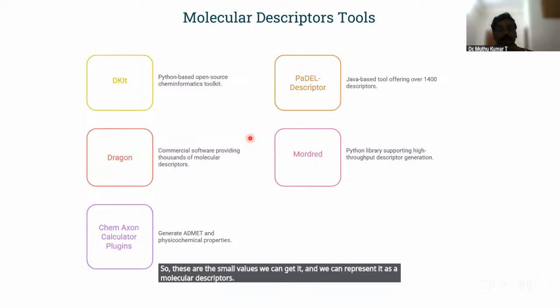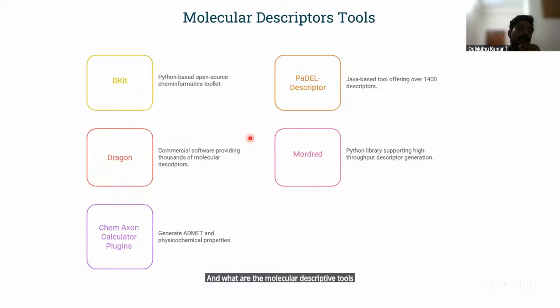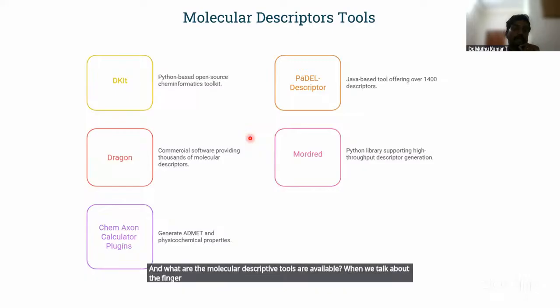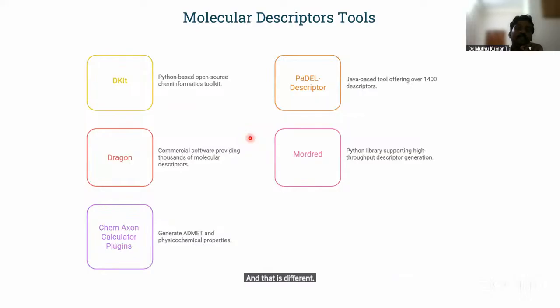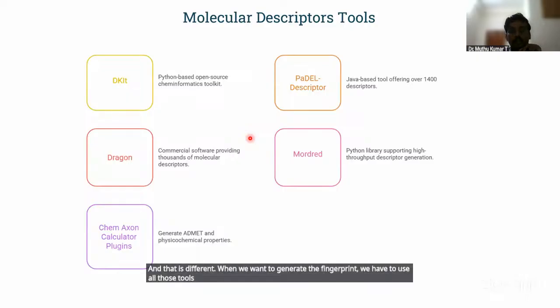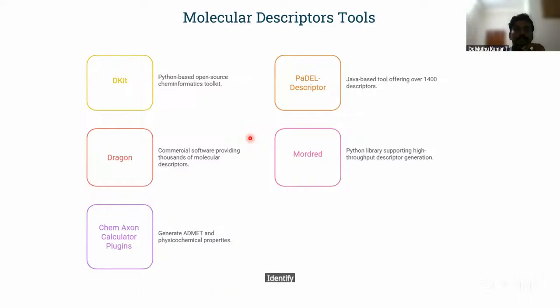And what molecular descriptor tools are available? When we talk about fingerprints, we have RDKit or OpenBabel, and we have the CDK, Chemistry Development Kit. When we want to generate fingerprints, we have to use those tools. When we want to identify the descriptors, some of the tools are mentioned here.